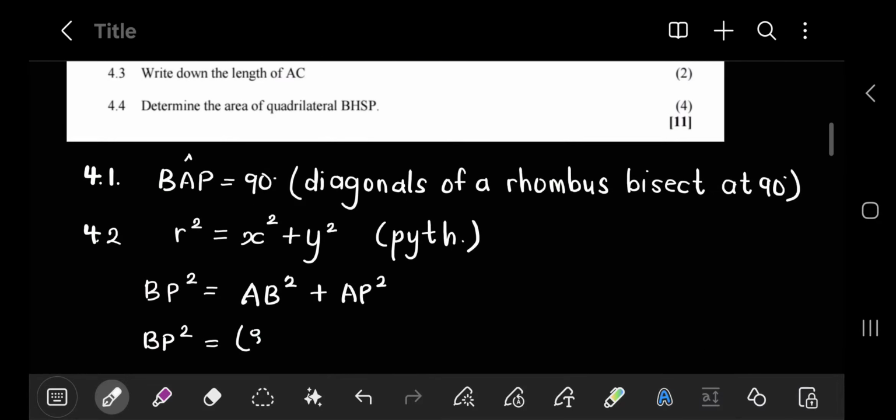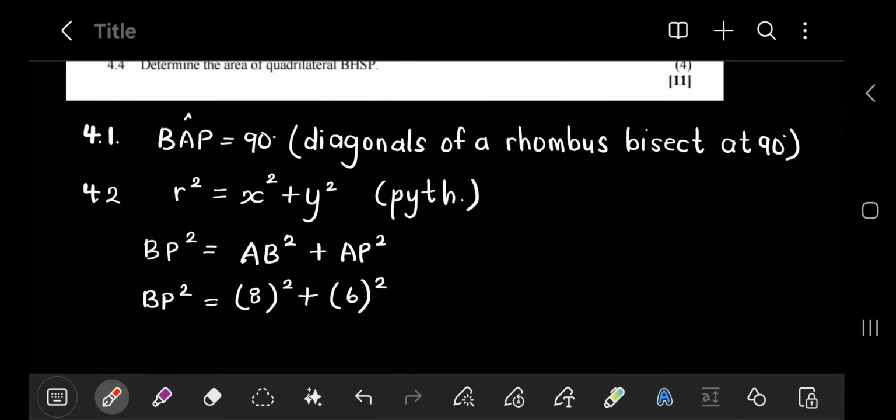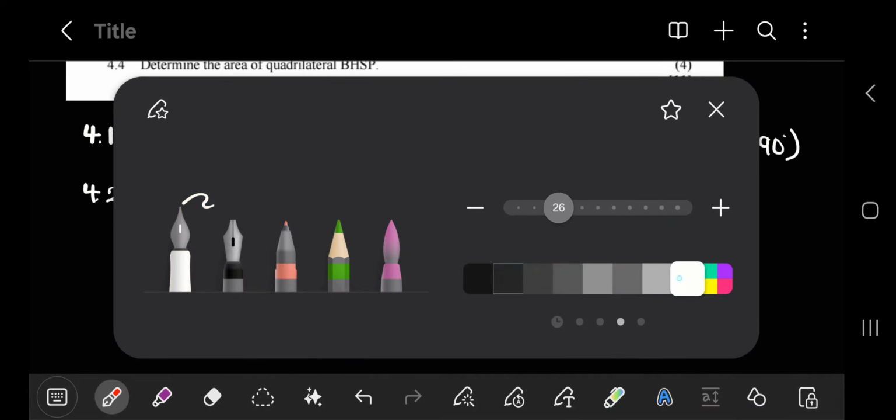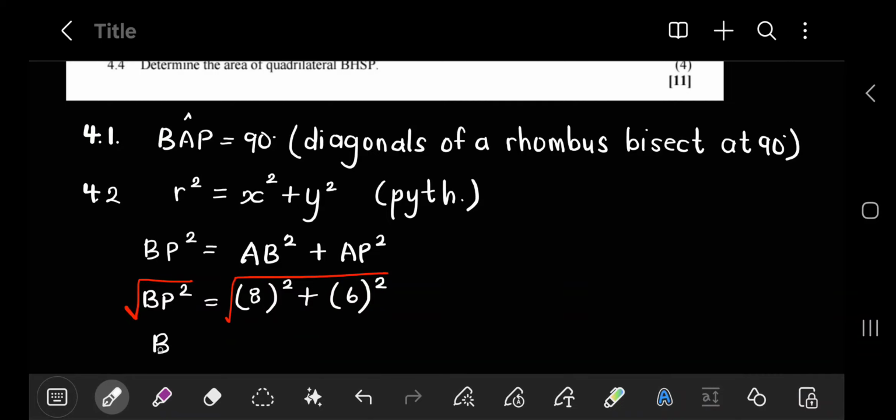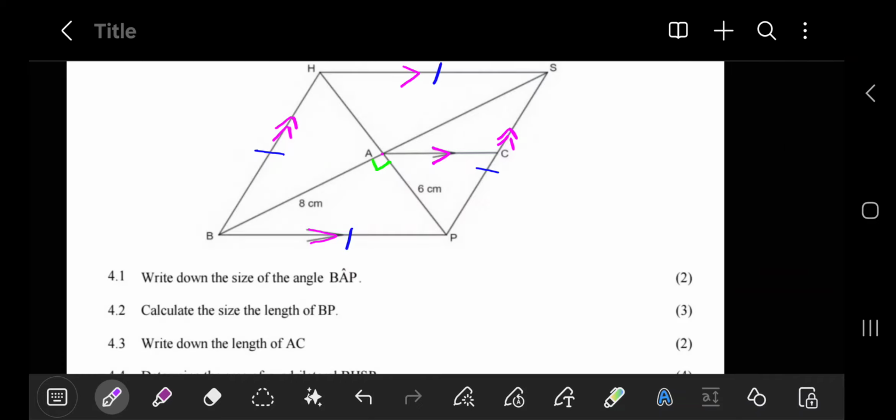AB is 8. AP is 6. Now you can calculate this separately, add it and then square root, or you can square root both sides immediately, which I actually prefer to do. It saves you a bit of time. So we get BP as 10 centimeters. So here BP is 10 centimeters.